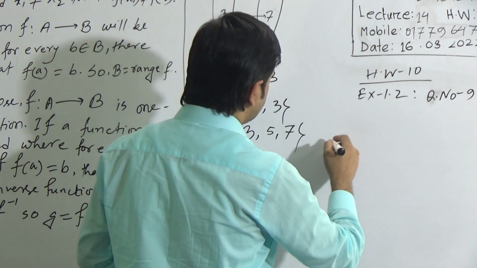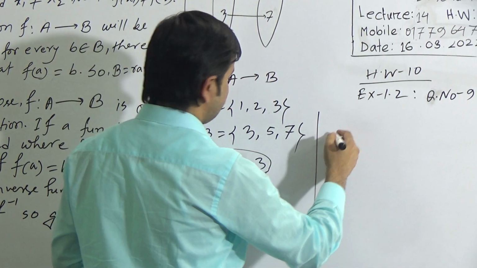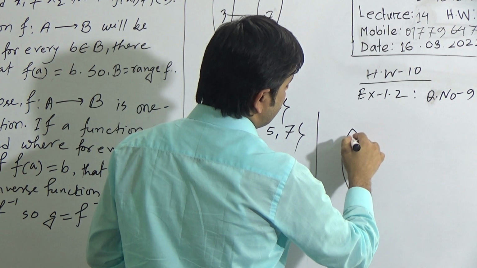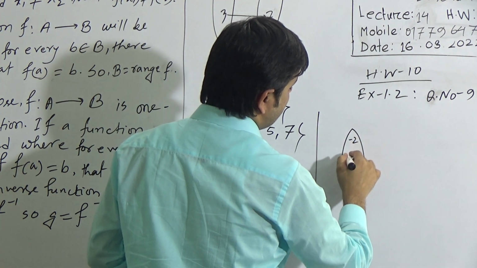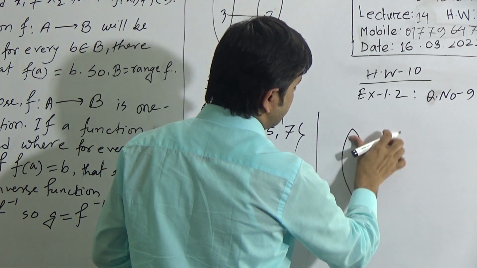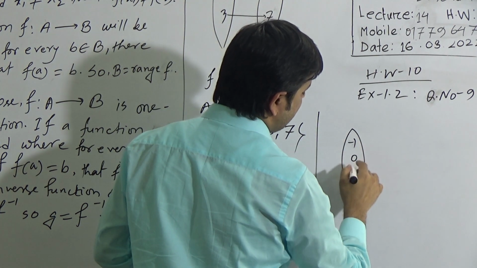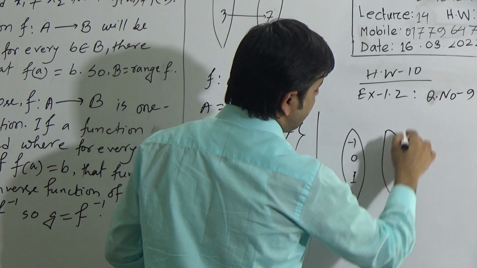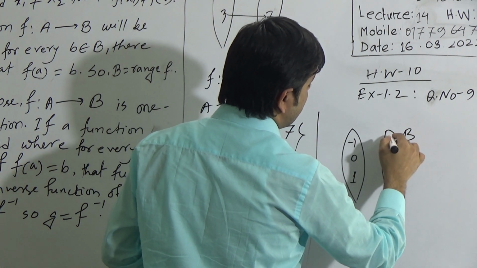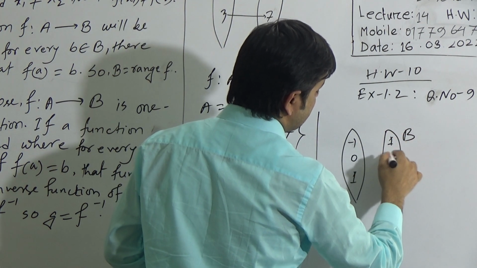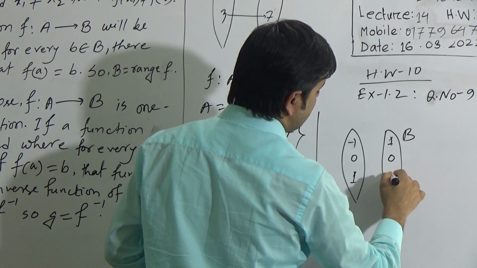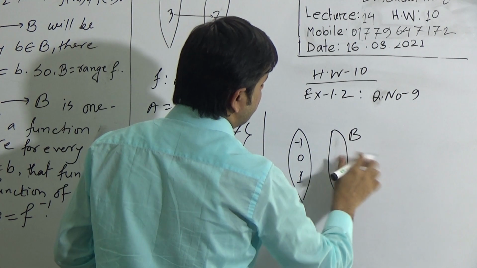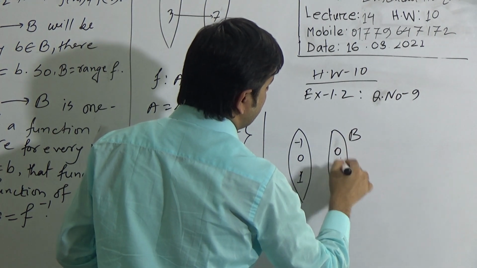But if you look at another example here, suppose set A is -1, 0, 1, and another set B is 0, 1.